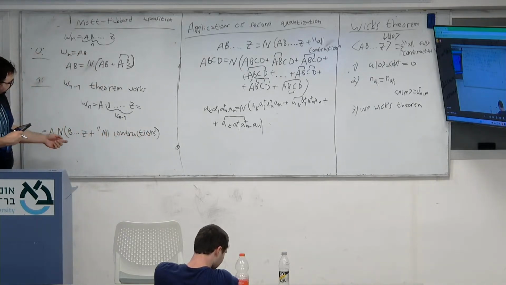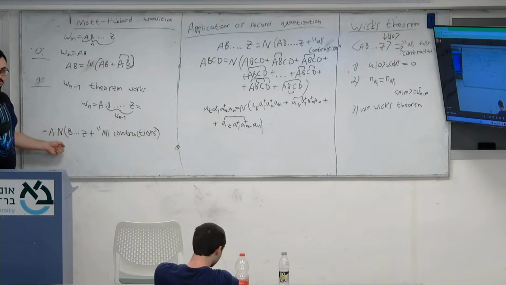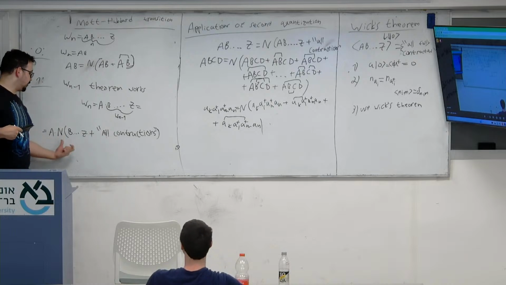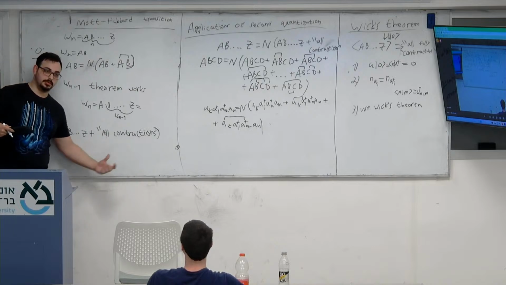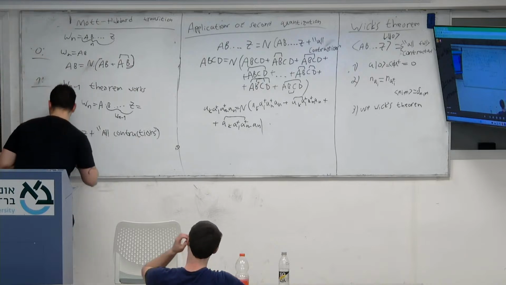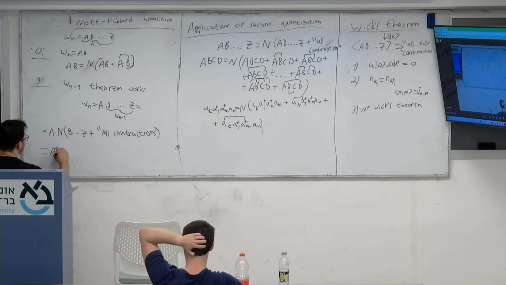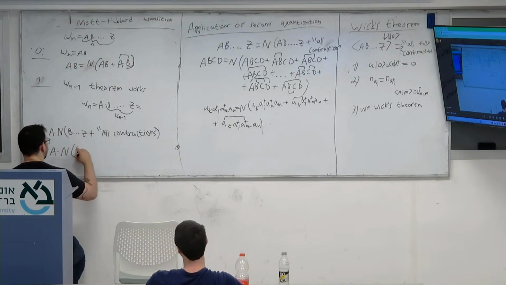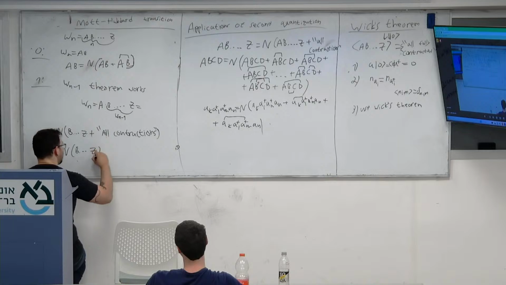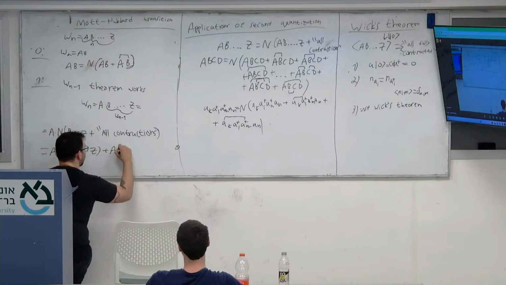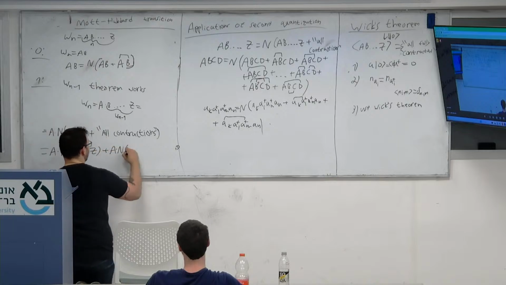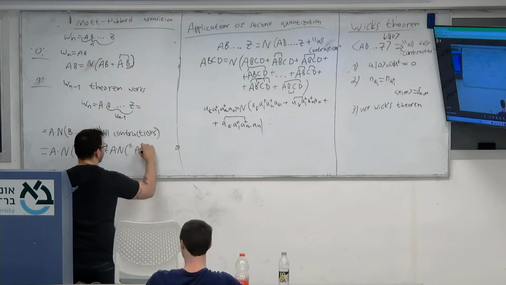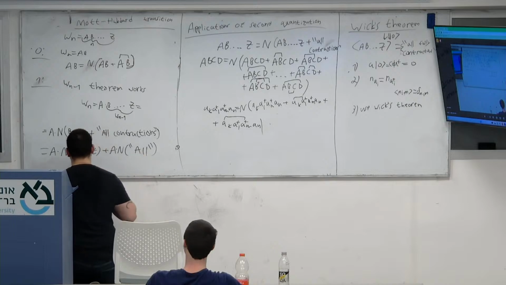This normal order, as we said before, is just a notation. I can open it up to normal order of B to Z plus all contractions. So equal to A times normal order of B to Z plus A times normal order of all contractions. I'm just going to write all because I'm lazy.